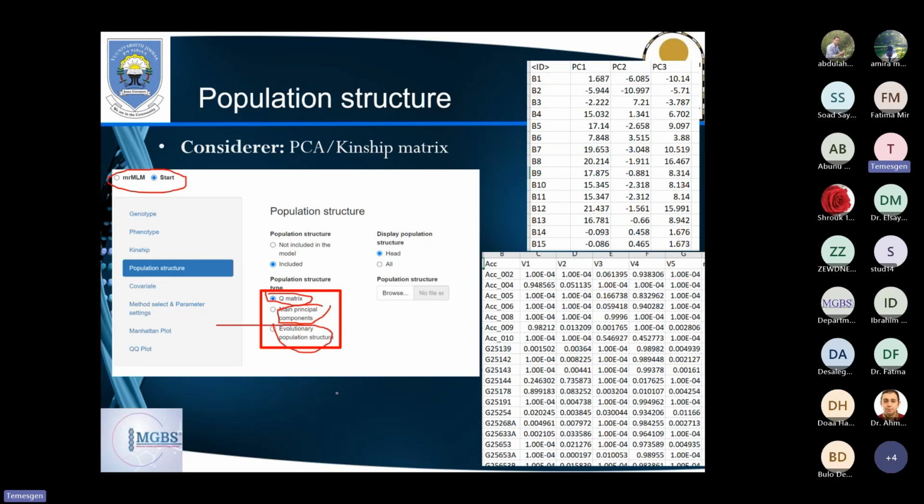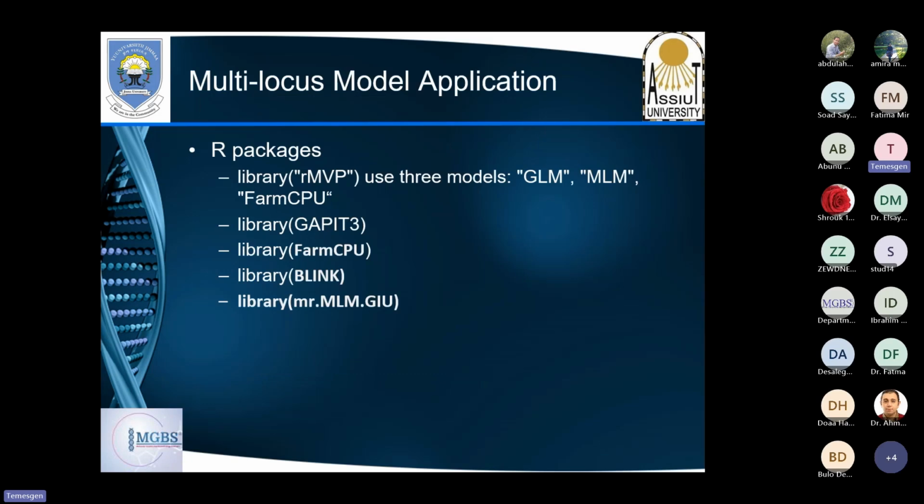We have to do this in Tassel or in R. Then we produce, for instance, a PCA and a Q matrix. We use these as population structure to control for the population structures. Once we have this, we do the multi-locus models directly.